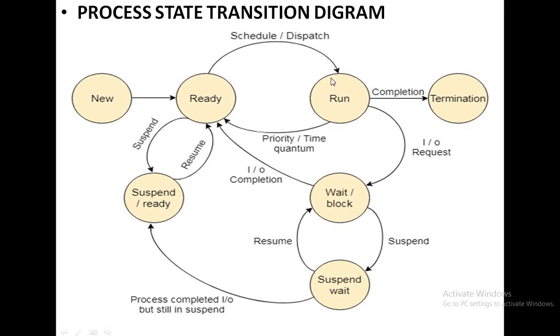The execution state is called the running state, and if at the time of execution a process needs some resources, then it moves to the wait or blocked state.